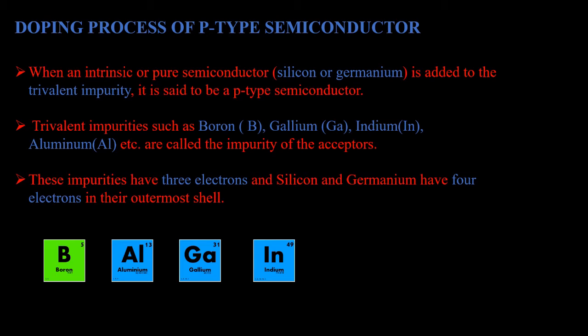In this, the outermost shell consists of 3 electrons, so it requires one more electron to complete its octet. And this is only possible by sharing the electrons, and it is an accepting electron, and it is generally referred to as acceptor. These impurities are boron, gallium, aluminium and indium.